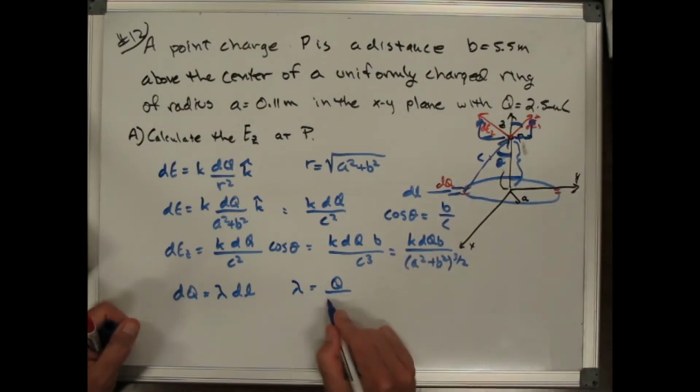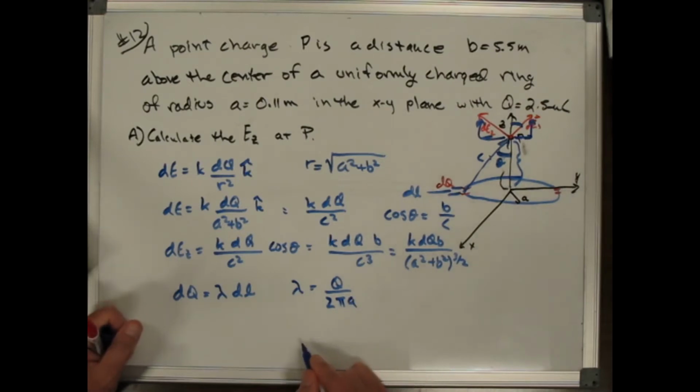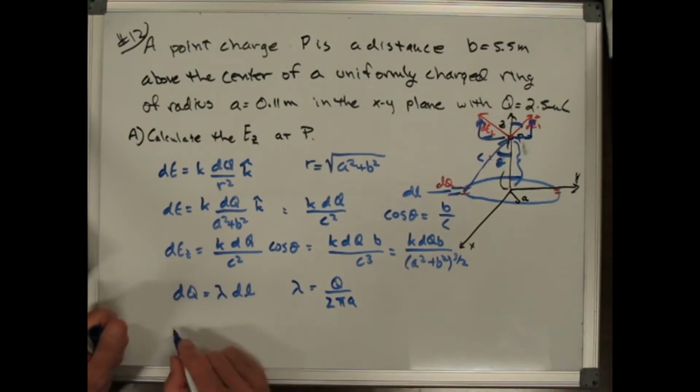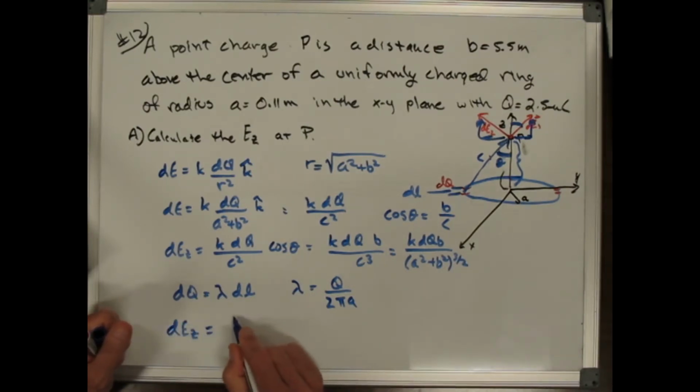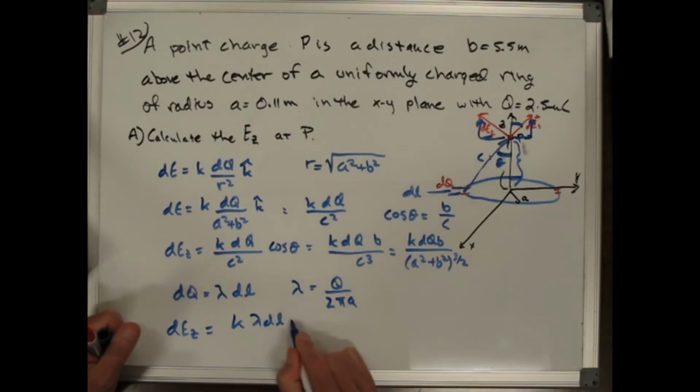It's the linear charge density, q over 2 pi a. And so my dEz now is equal to k times my dq, which is lambda dl, times b over a squared plus b squared to the 3/2.